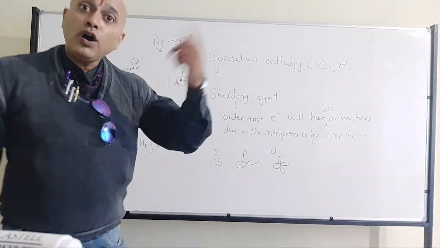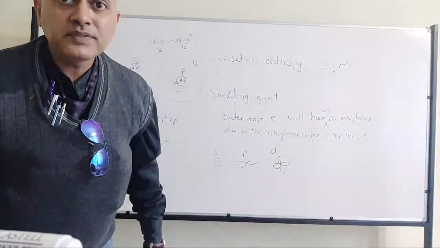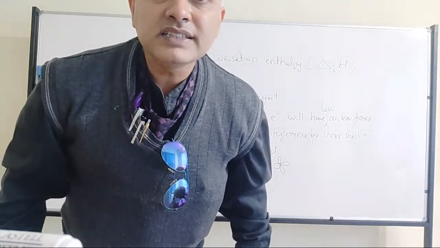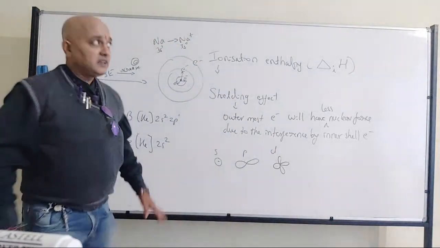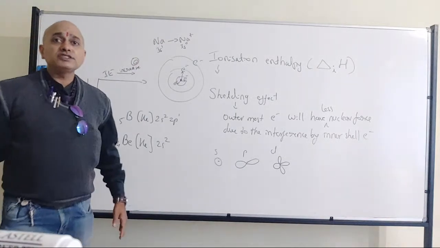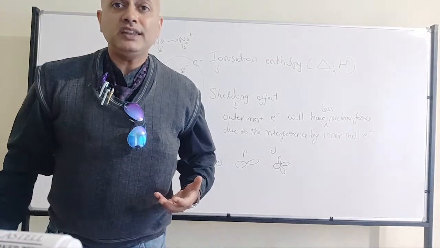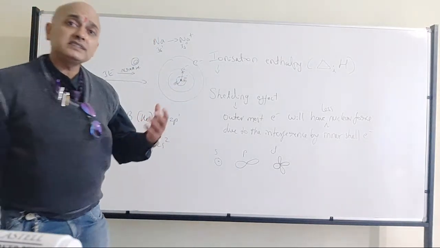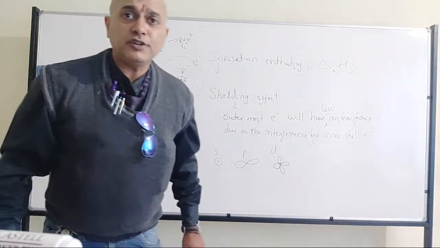It is the outer electrons which will be donated, as it is easier to lose the outermost electron. Yes, Ashish. So since outer shell electrons are the ones involved in the reaction, when I am talking about ionization enthalpy, it is always about the outer electrons which will be removed, not the inner electrons. Fine?